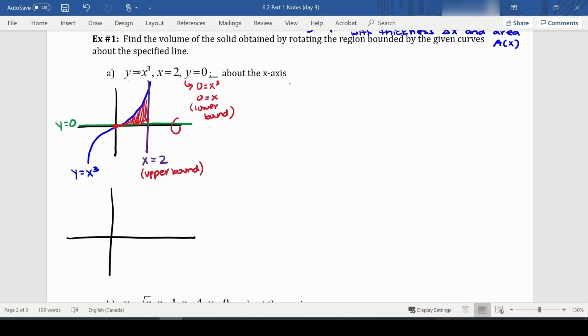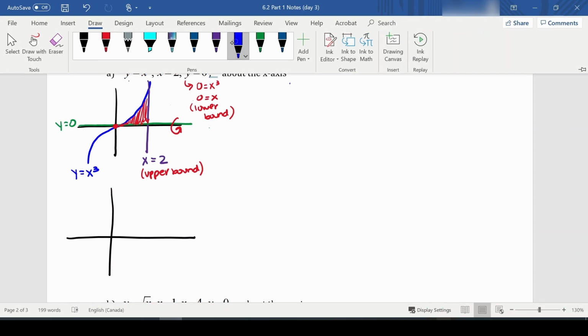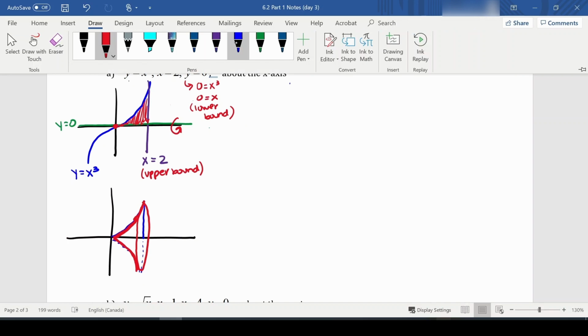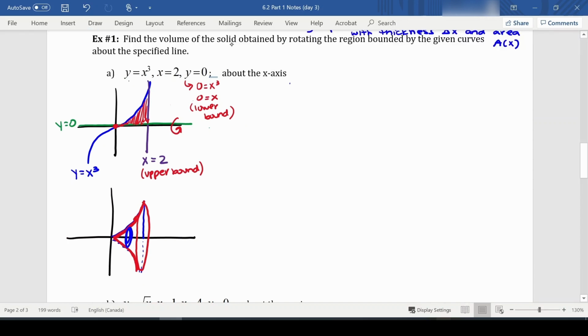We're rotating about the x-axis. So what we have is this shape here that has been rotated. And so when it gets rotated, we should end up with a circular base and this bell-shaped object. So it kind of looks like the end of a trombone or a trumpet. And the question is, for each of these slabs that's going to be in here, these are circular slabs.